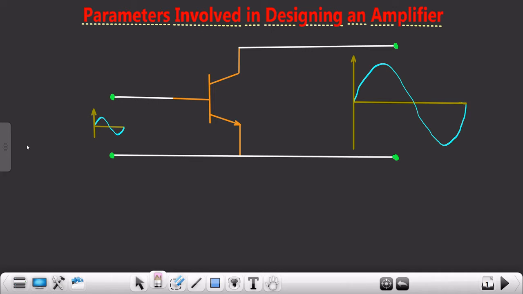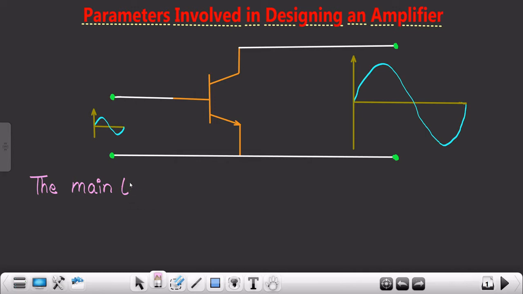But before coming to this point, we need to understand what exactly an amplifier is. So let me write the basic definition of an amplifier. It is not a definition but the task, what exactly an amplifier does.